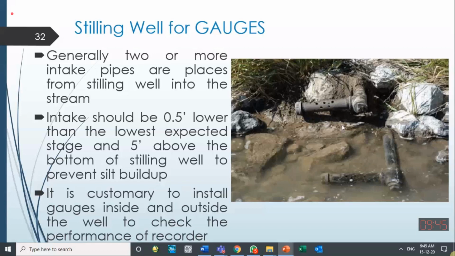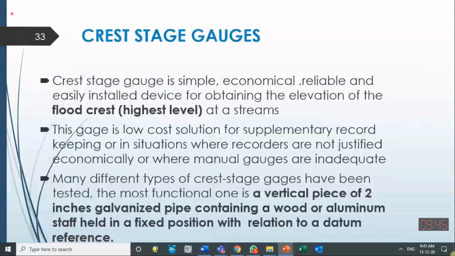Maybe when the water level goes up, then this intake will be effective. At the moment, this intake will be effective if these openings are open. If these openings are clogged or closed, then water will not be going into the stilling well, and the stilling well will not be giving you the correct observation.